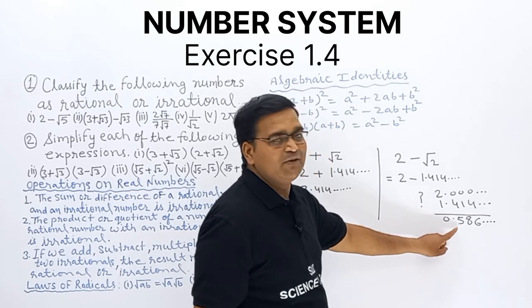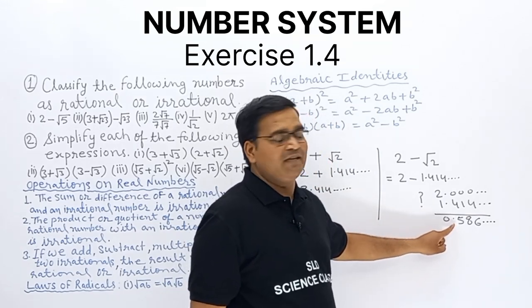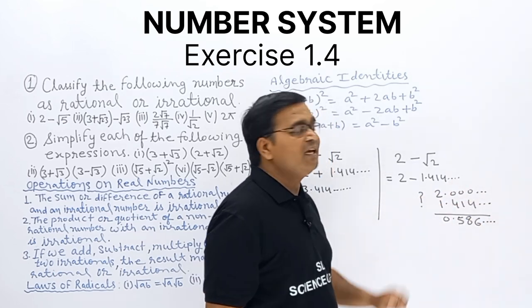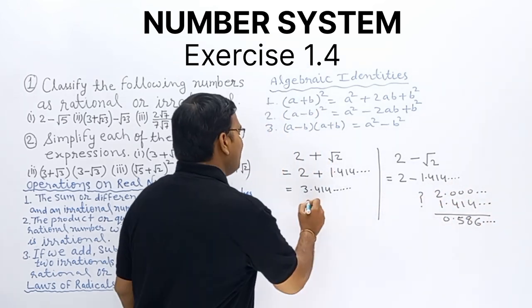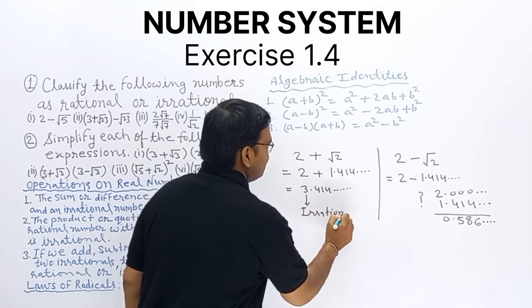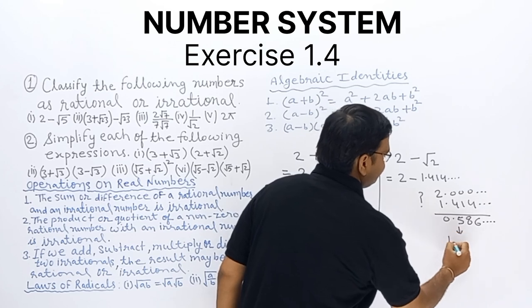So this is non-terminating and non-repeating. After the point we keep getting different values up to infinity. So it is irrational. This one is irrational, and this one is also irrational.